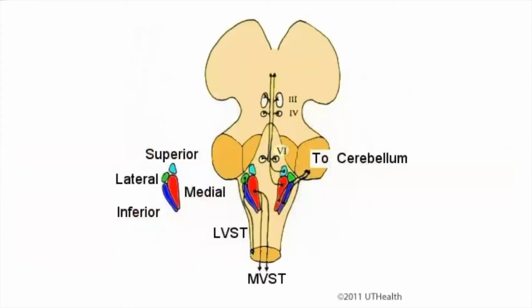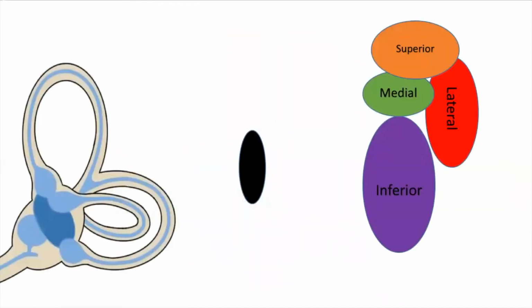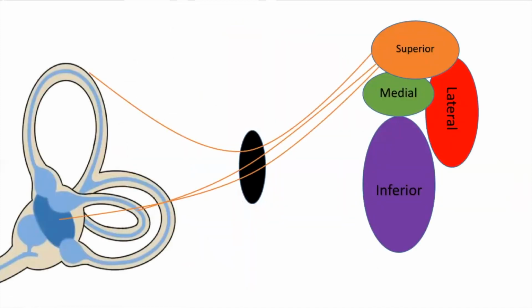The vestibular nerve then makes synapses to the vestibular nucleus complex, shown here, and the complex is made up of 4 nuclei: the superior, the lateral, the inferior, and the medial. Nerve fibers that make synapses to the superior nuclei come from the anterior semicircular canal, the horizontal semicircular canal, and the utricle.